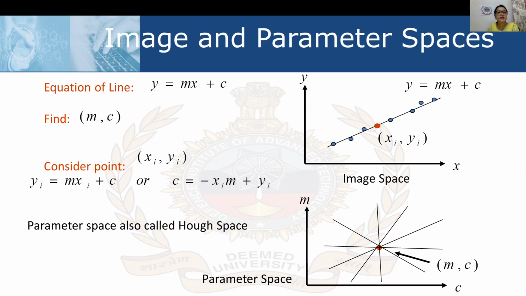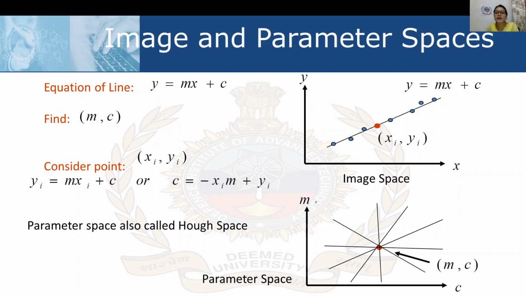So here you can see yi equal to mx plus c. xi, yi, I am just putting this value. I refers to the index of all points which lie on that particular line. So that's why c comes as minus xi m plus yi.